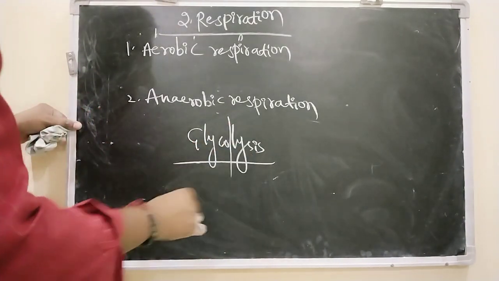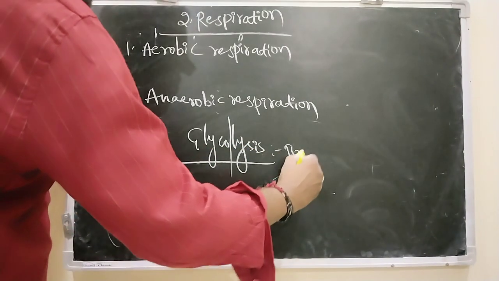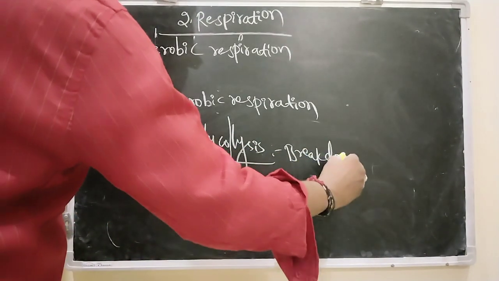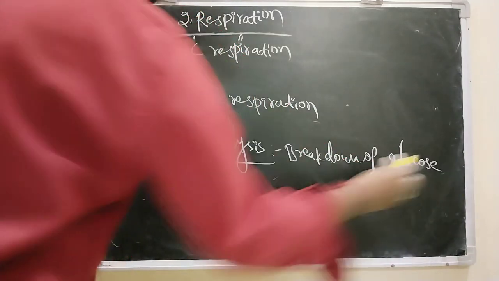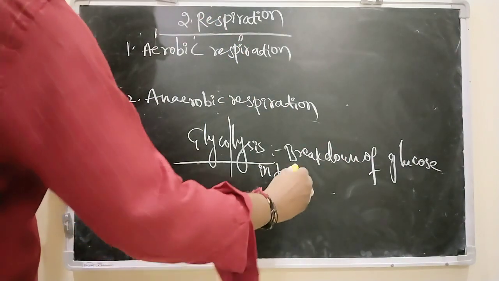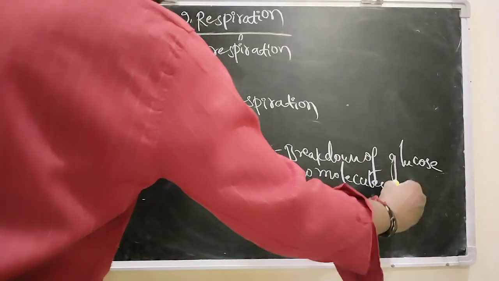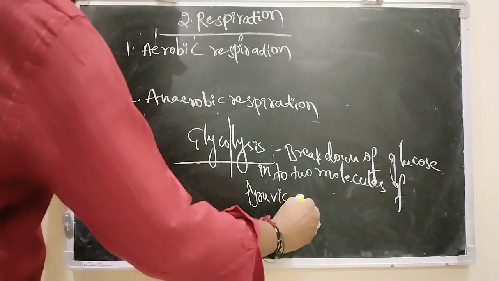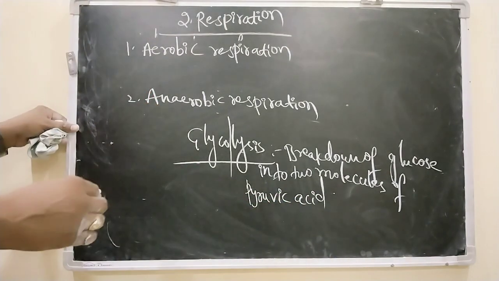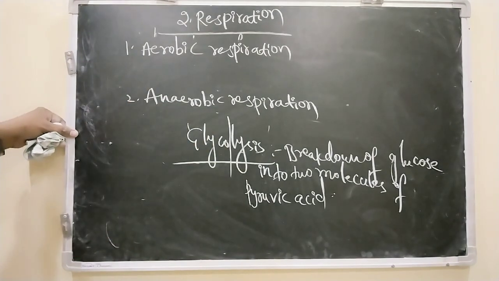Glyco means glucose, lysis means breakdown. So breakdown of glucose into two molecules of pyruvic acid is called glycolysis.